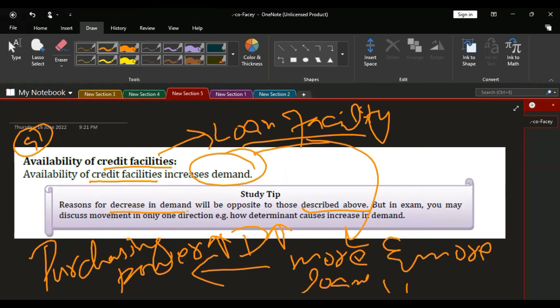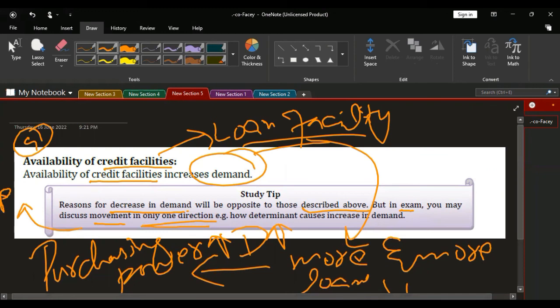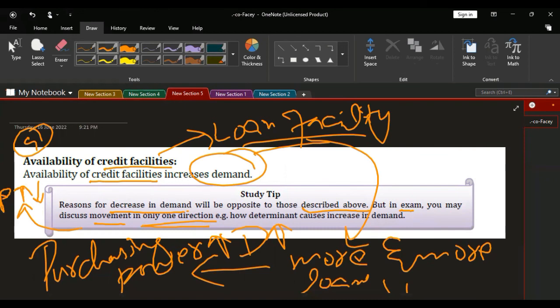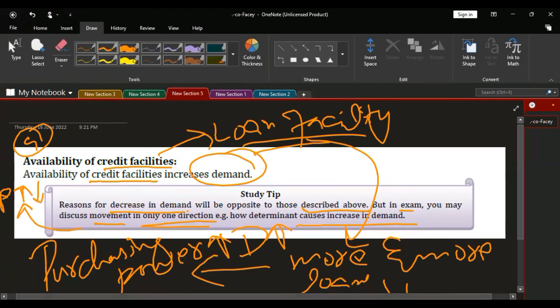But in exams, you have to discuss movements in any one direction. It's up to you whether you explain an increase in price or a decrease in price. Only one factor needs to be explained, the other will be automatically answered. For example, how a determinant causes an increase in demand.